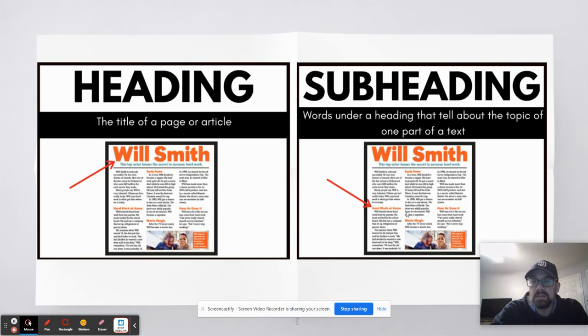Each of these subheadings is also in a different color and capitalized, just like Will Smith is capitalized, A, because it's a heading, and B, because it's the name of a person. You notice that they're larger than the main print, but also a different color. They set them off so you can see at a glance what you're going to be reading about. Again, fifth grade, I expect you know what these things are.